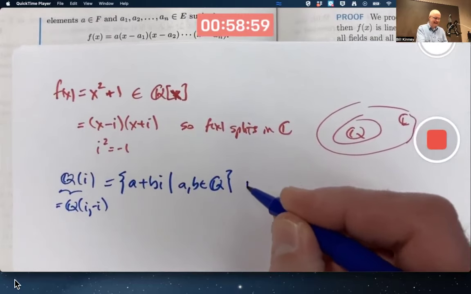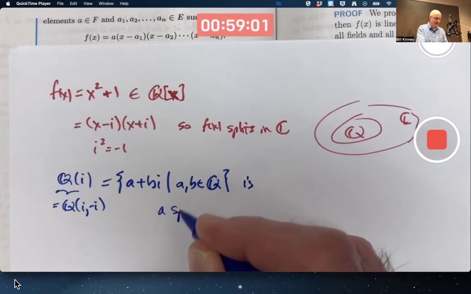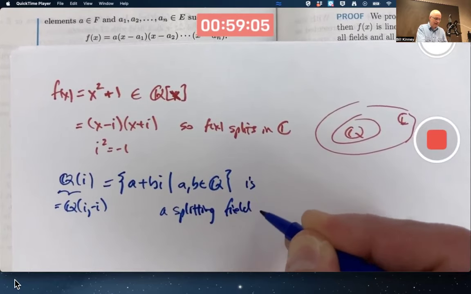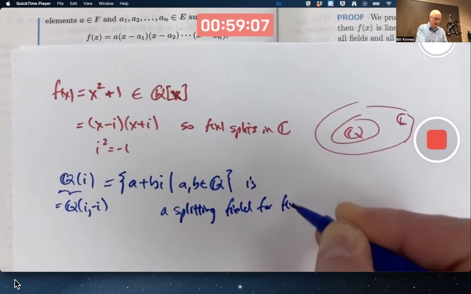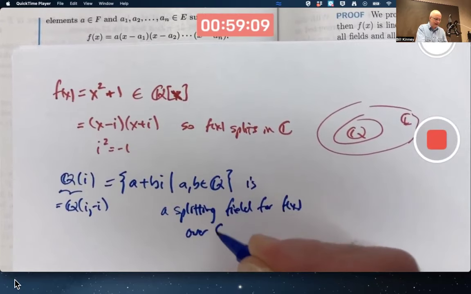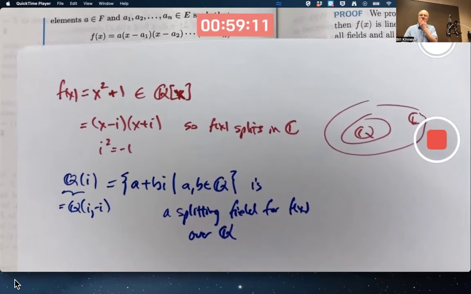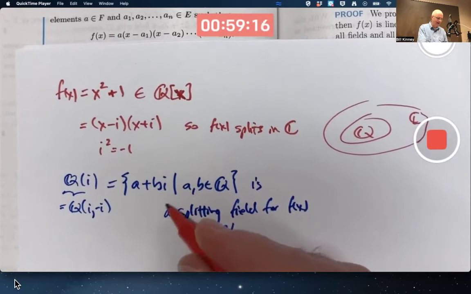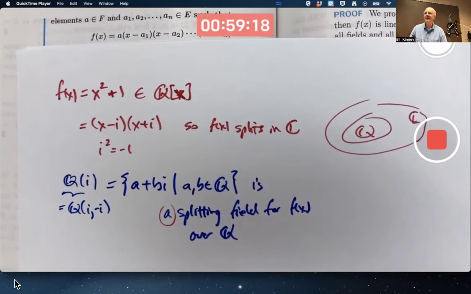This is a splitting field for f of x over Q. Notice I use the indefinite article, a. Why not the? The reason is because there are other splitting fields. This is another confusing part about it.